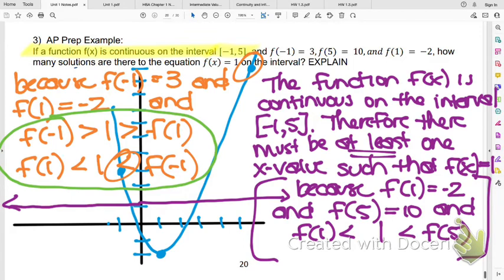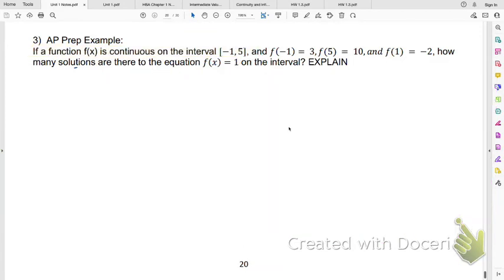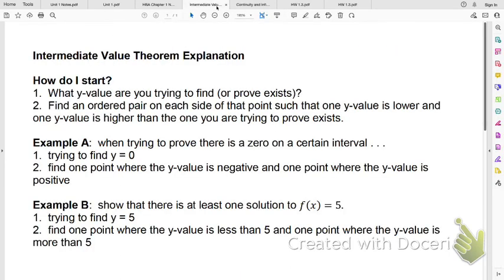So let's take a look at our intermediate value theorem page, which I had, there it is. Look, I pull up everything in advance, so I know what I'm talking about. Now, things that you need to make sure of. Sometimes you're not given the points. Sometimes you're just given, here's your function, show that it hits this number at least this many times.